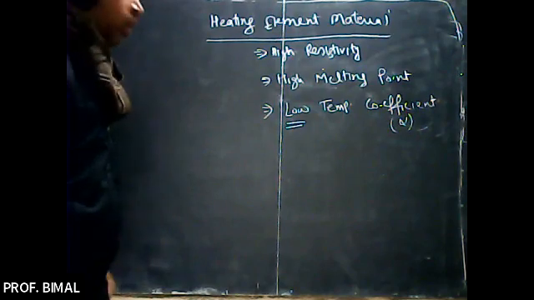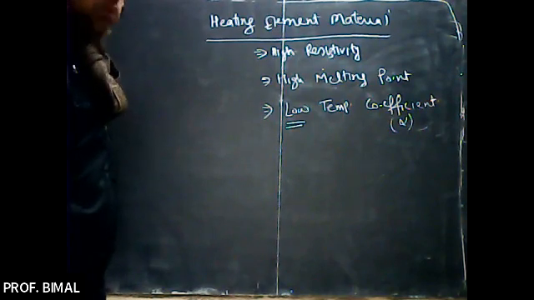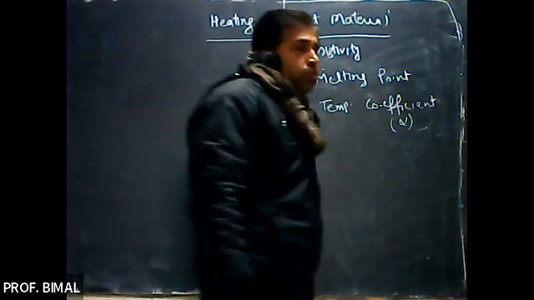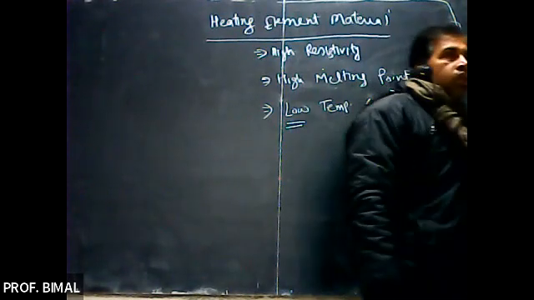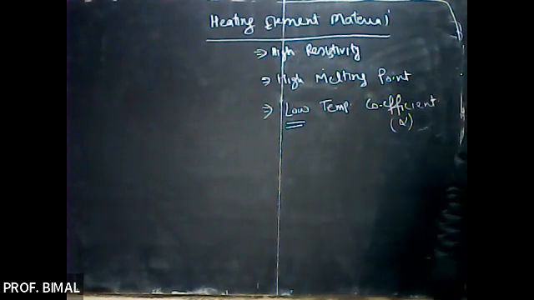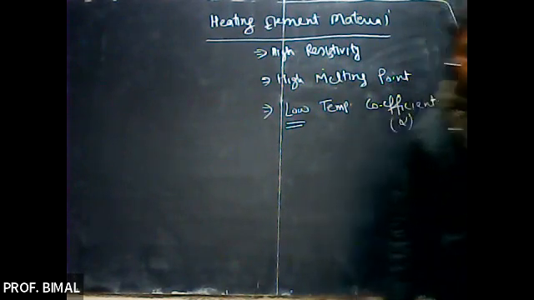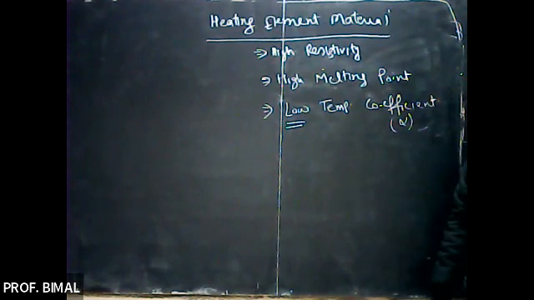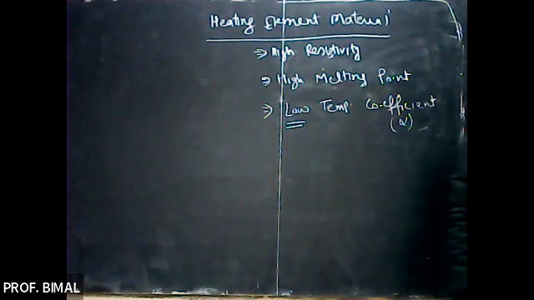In that case we say that the material has a low temperature coefficient. So this is another property I need for the material used for the heating element: it must have a low temperature coefficient.